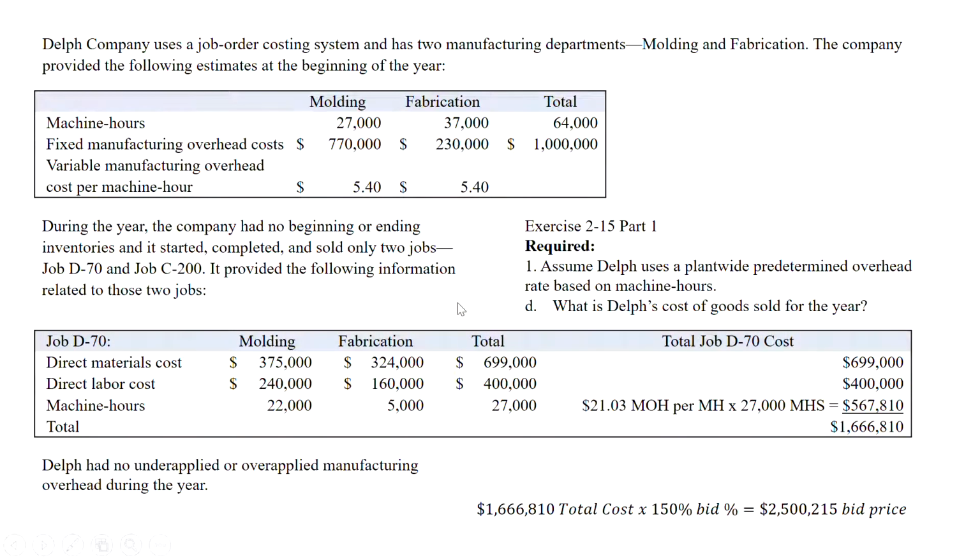Ultimately, the answer for part D is going to be the addition of B for both of these items. I'm going to take the total manufacturing cost, for example, of job D70 of $1,666,810, and once I also do this for job C200, I'm going to add that to it. And coincidentally, that's going to be total cost of goods sold for the year for the company.